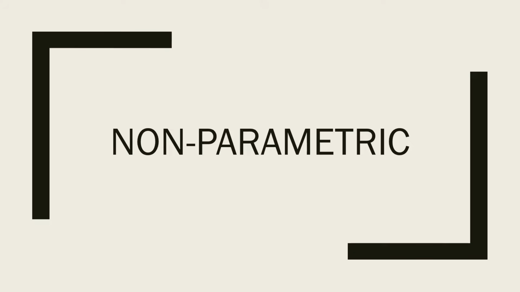Now, non-parametric tests are also test statistics that have the same functions as our parametric tests. However, one key feature of non-parametric tests is that they don't have a specified distribution. So they would be a lot less strict when it comes to the distribution of data. However, they still do have their assumptions.